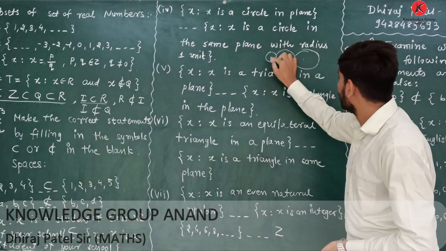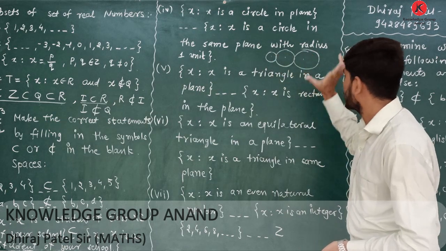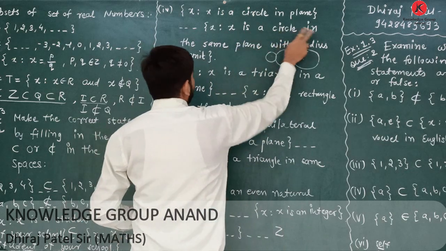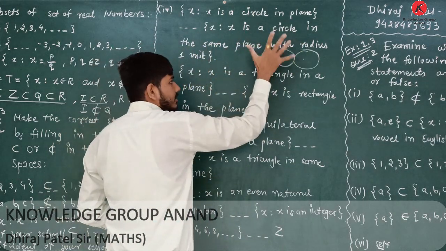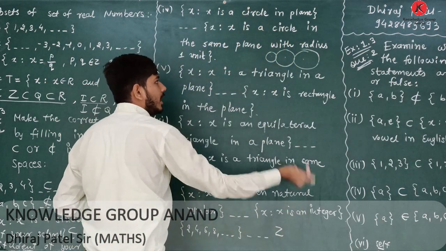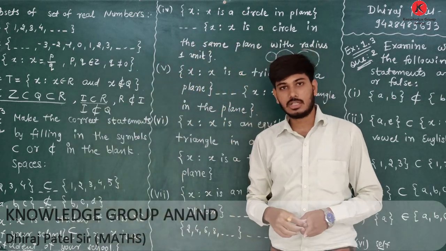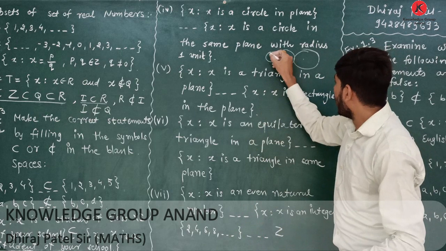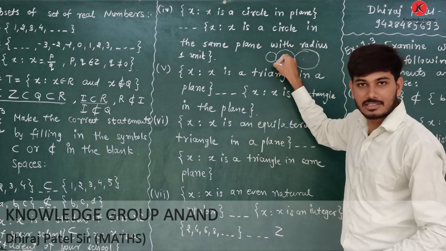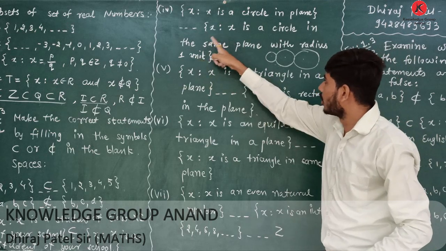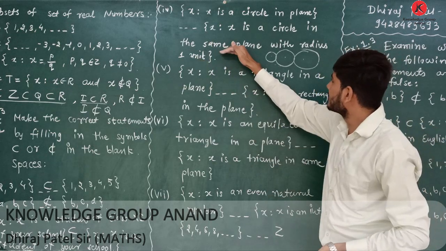Now we are going for the next one, the fourth question. {x such that x is a circle in the plane} blank {x such that x is a circle in the same plane with radius 1 unit}. Now see here, x is a circle in the plane, the set of circles in the plane.